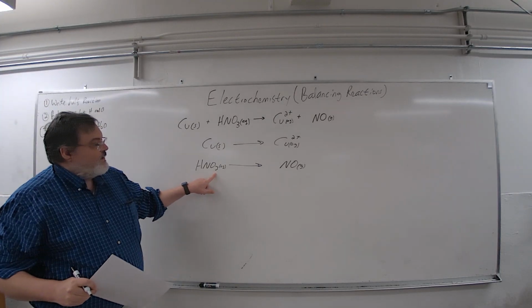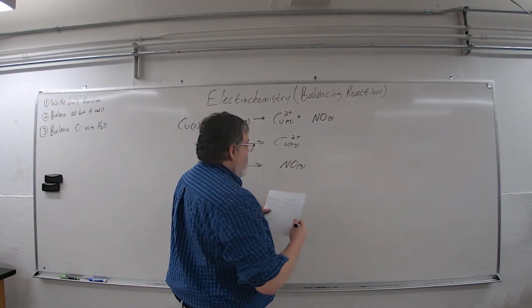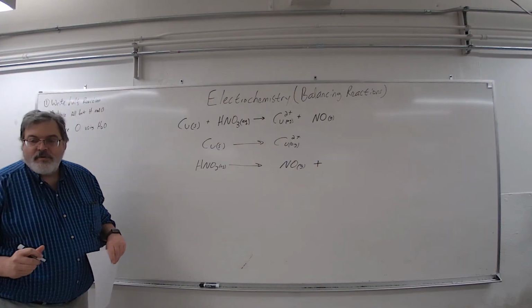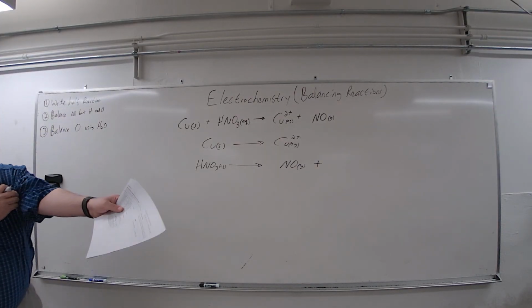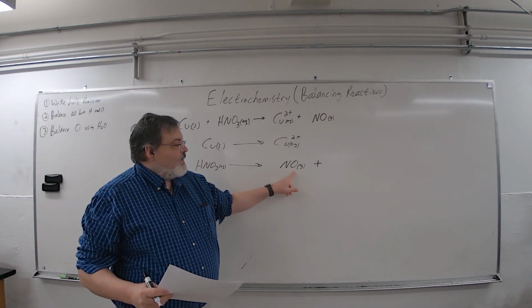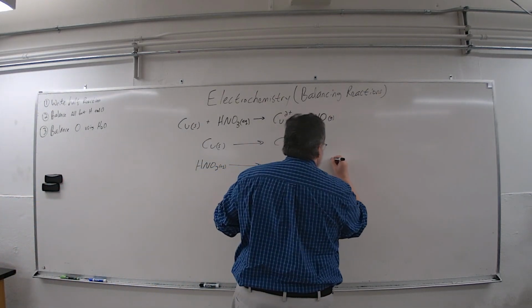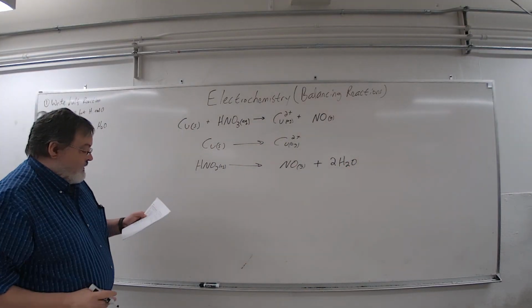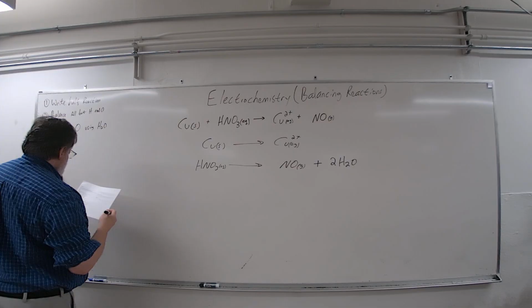Three oxygens here, 1 oxygen here. So how many H2Os do I need to put in here? I'm just trying to balance the oxygen. I got 1 oxygen here, yes. I need 2 H2O over here. So that's balanced. H is next.